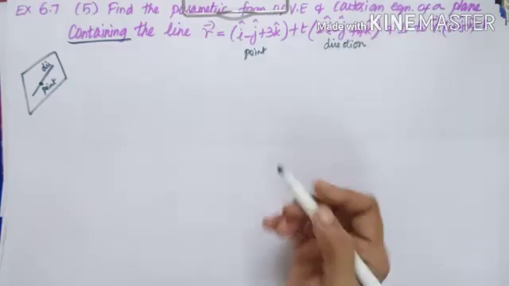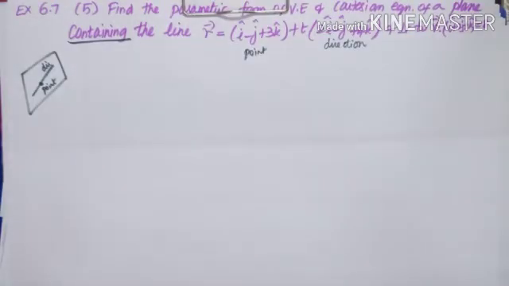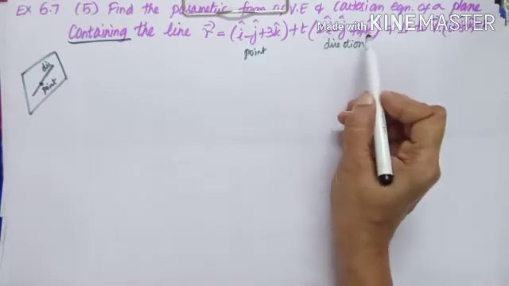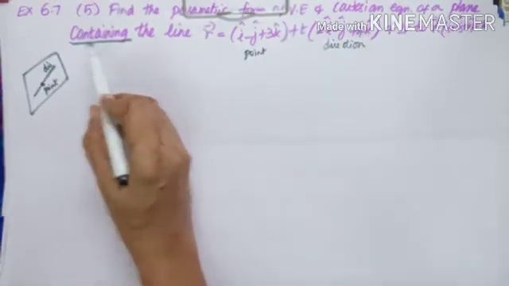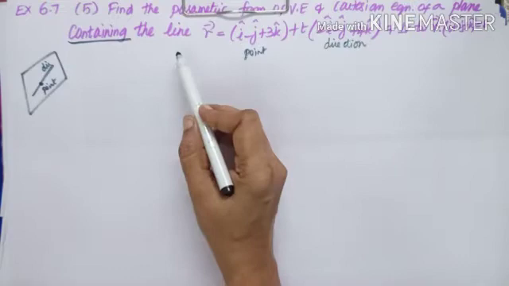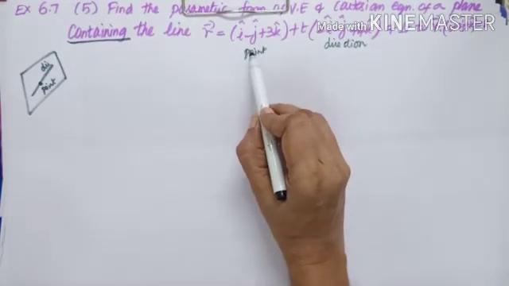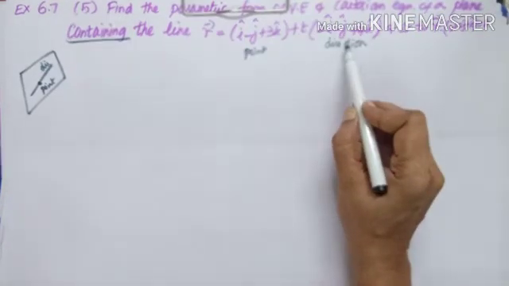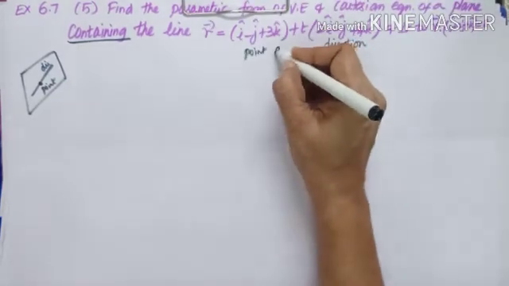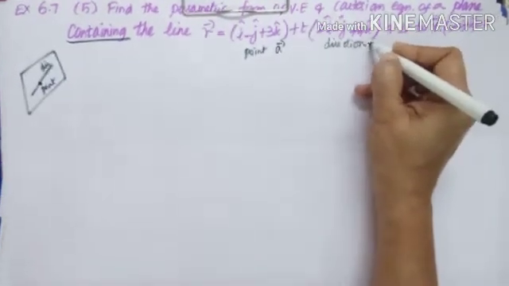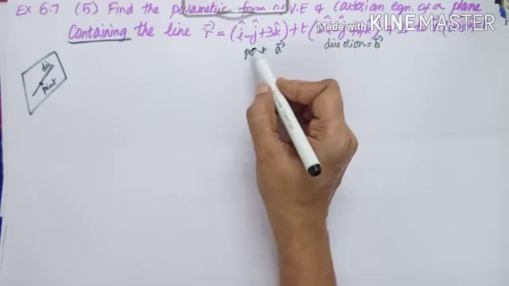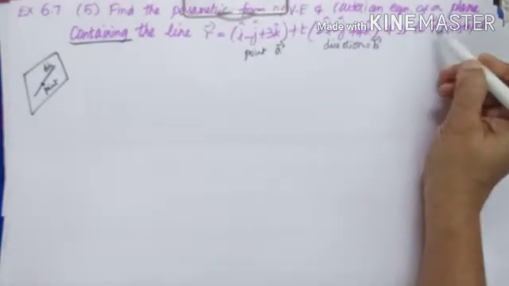So whenever they give you parallel to the line, I take only the direction. Whenever they give you containing the line, let us remember I should take the point on the line as well as the direction. So this we call A vector and this we call B vector, but this is point and this is direction. Perpendicular to a plane.